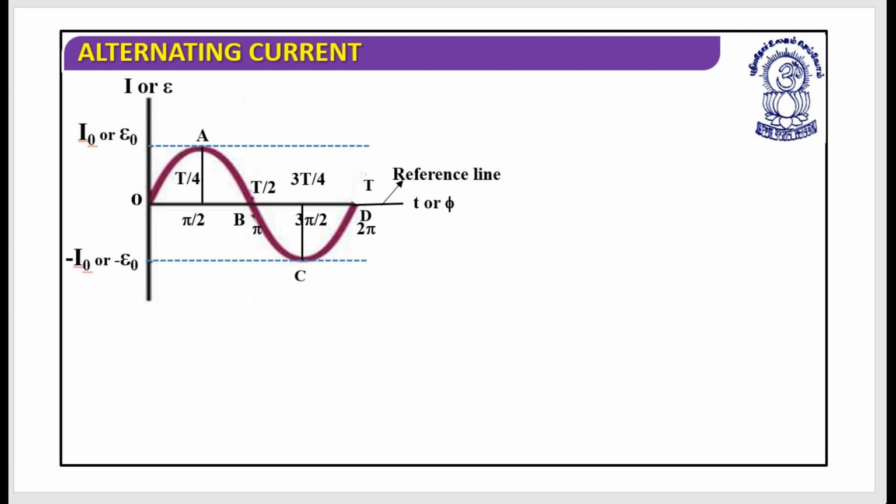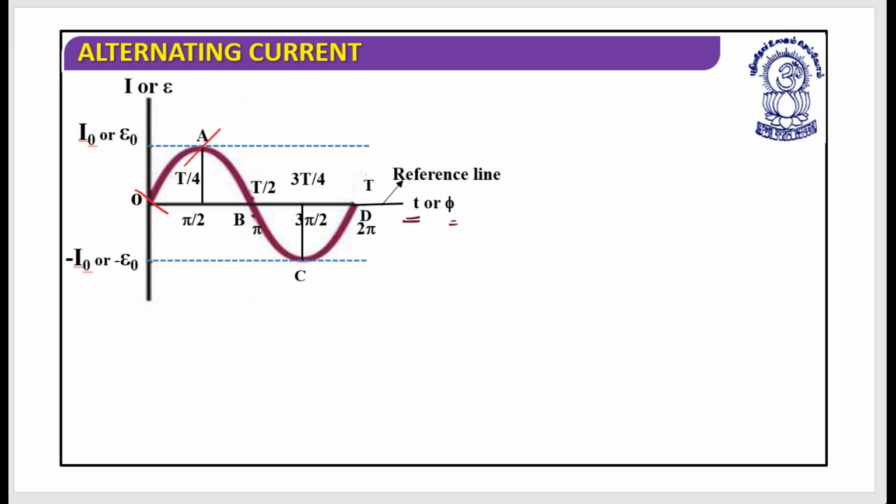So let's represent this and understand it. Let's suppose this is plotted with respect to t or phi, and one sine wave is presented. You can consider it for the current or for the EMF; that doesn't make any difference for understanding. Let's suppose my cycle starts from this point.